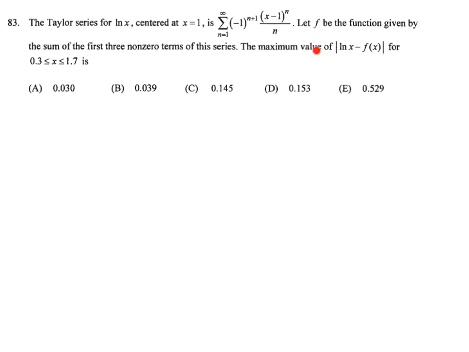Now, normally I would think of the difference of natural log of x and f of x as the error. And so the natural place that I would go is I'd be thinking about the next term.